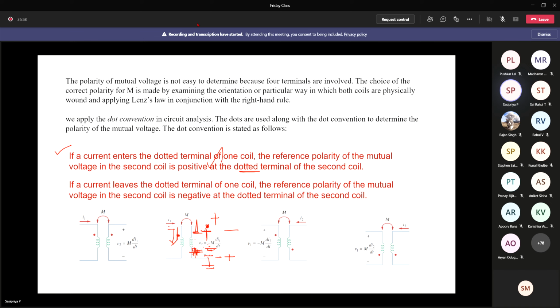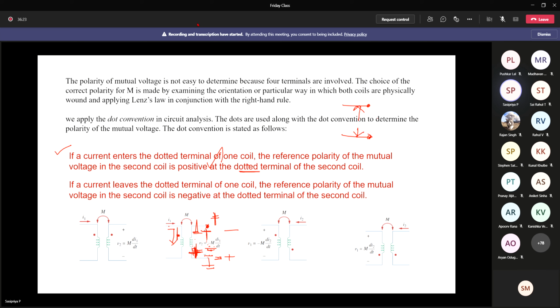My voltage due to this mutual inductance, this mutual voltage, will be positive here at this dotted side. But my V2 is nothing but the voltage at this terminal with respect to this ground. Since I'm measuring the voltage at this terminal, it's going to be a negative value. Already we have discussed that any voltage is measured between two terminals.